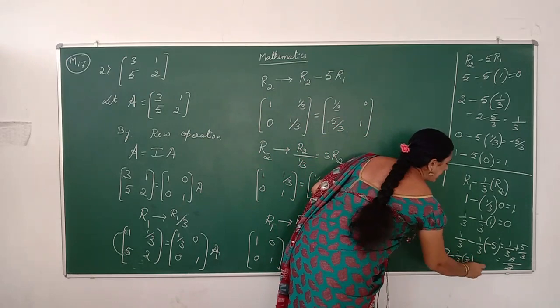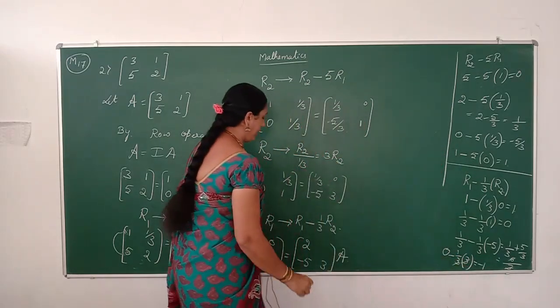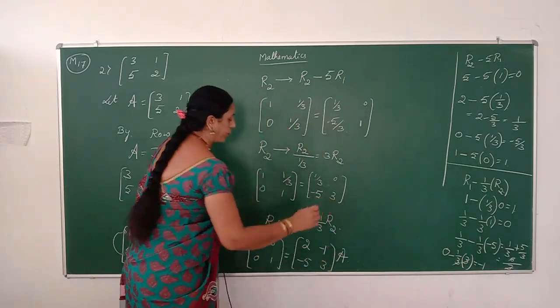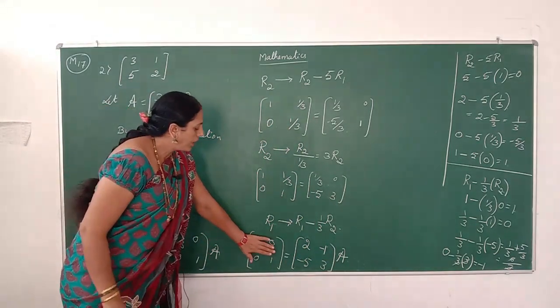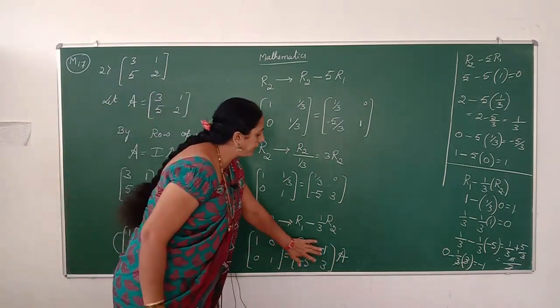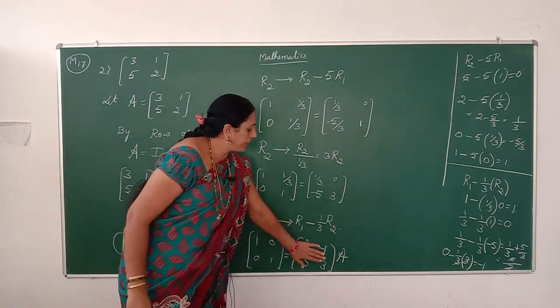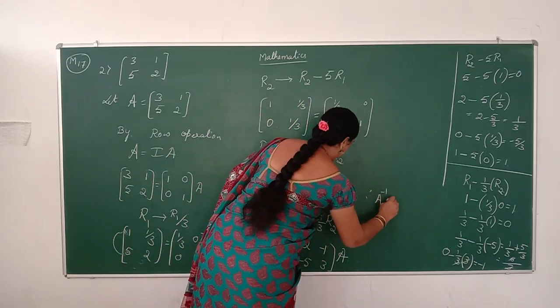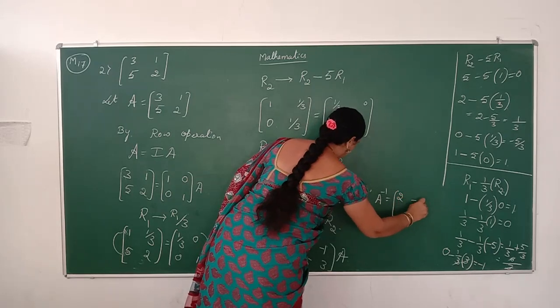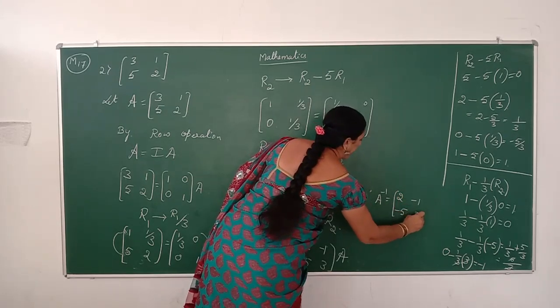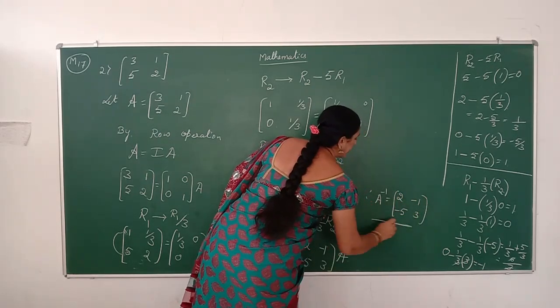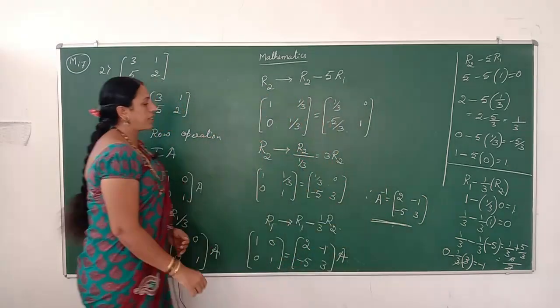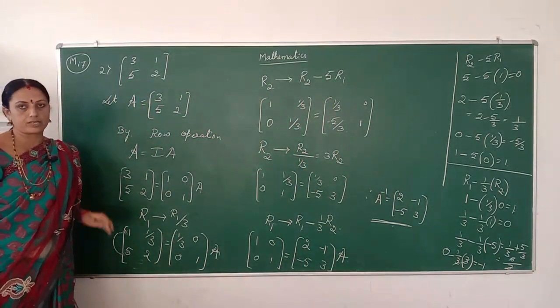Again these 3s get cancelled, it will be equal to minus 1. Therefore, if it is in the form I equals B into A, then that B is called the inverse of A. Therefore, A inverse is 2, minus 1, minus 5, 3. Sorry, minus 5, 3. These are the elements of the inverse of the matrix.